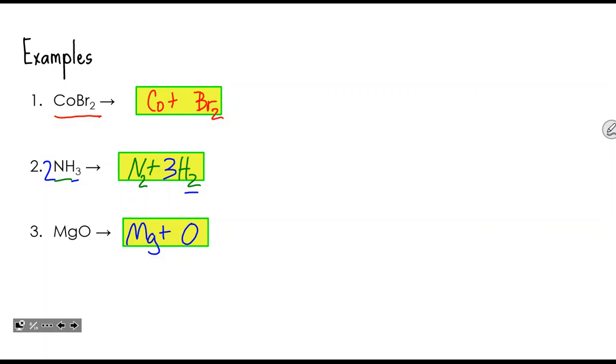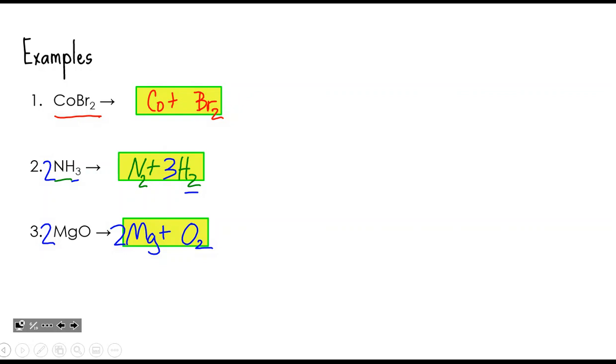No, magnesium is not diatomic. How about oxygen? Oxygen is diatomic. Very good. Yes, this is an O2. So now, if you wanted to balance, we would put a 2 here and then a 2 there. So decomposition is not that bad. You just have to remember your diatomics.